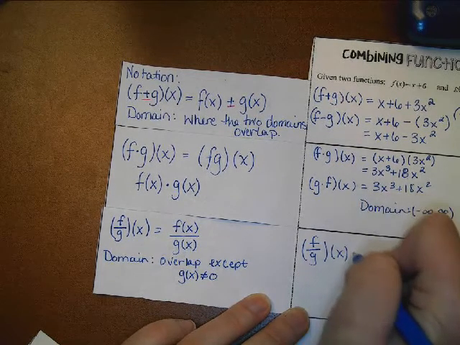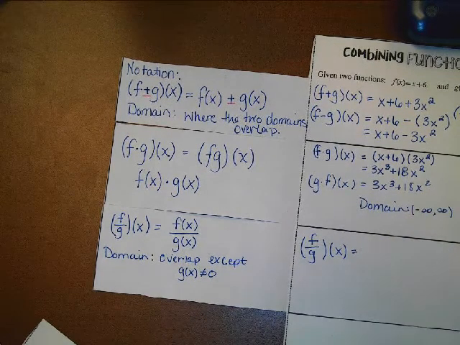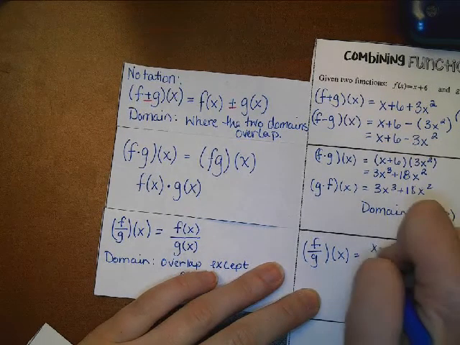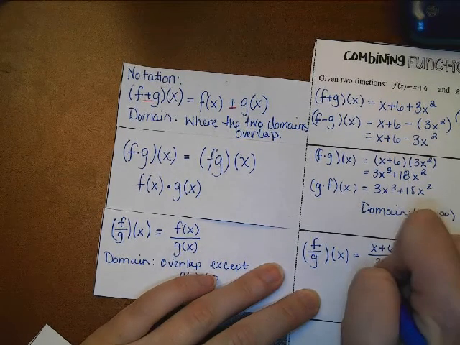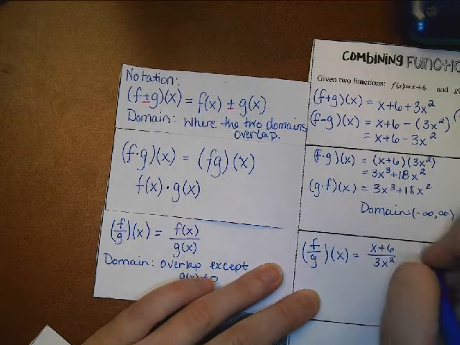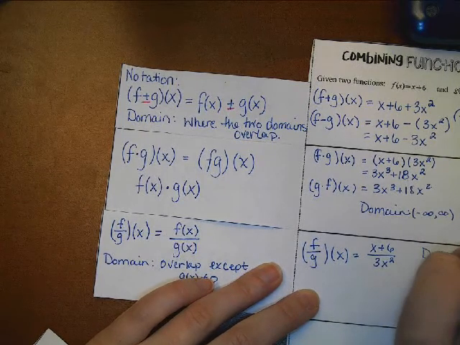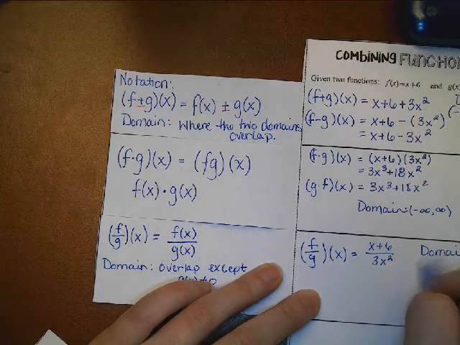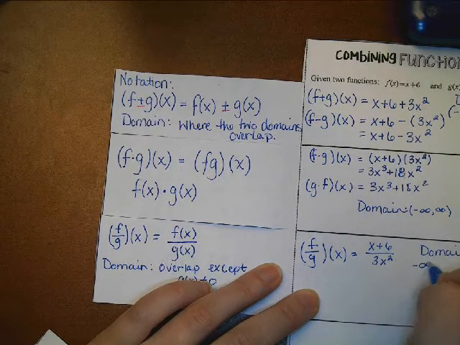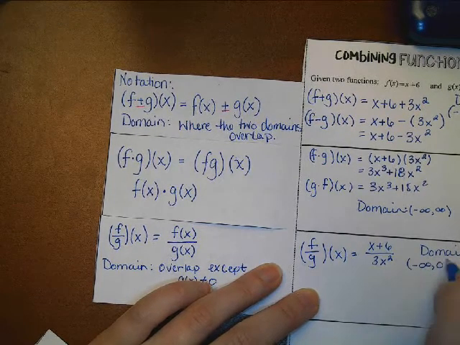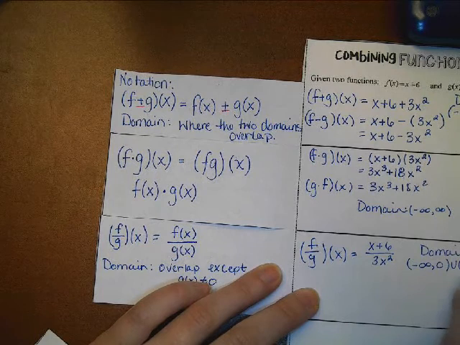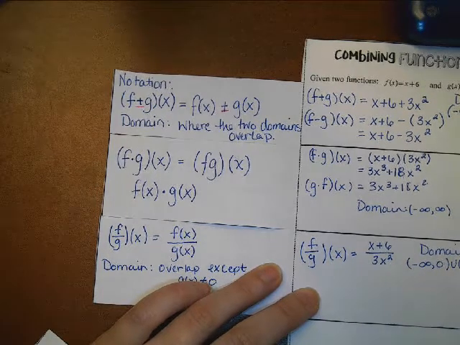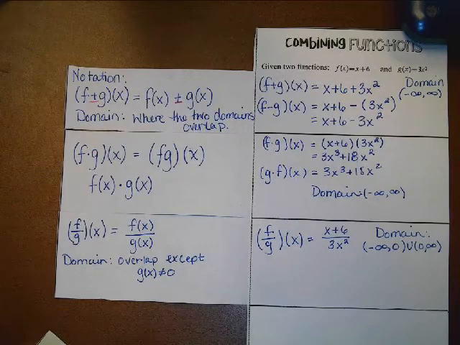So for our example, f divided by g of x is what? Yes, x plus 6 over 3x squared. And what's the domain? Exactly, so good. Negative infinity up to 0, or 0 to positive infinity. That's the domain, sorry.